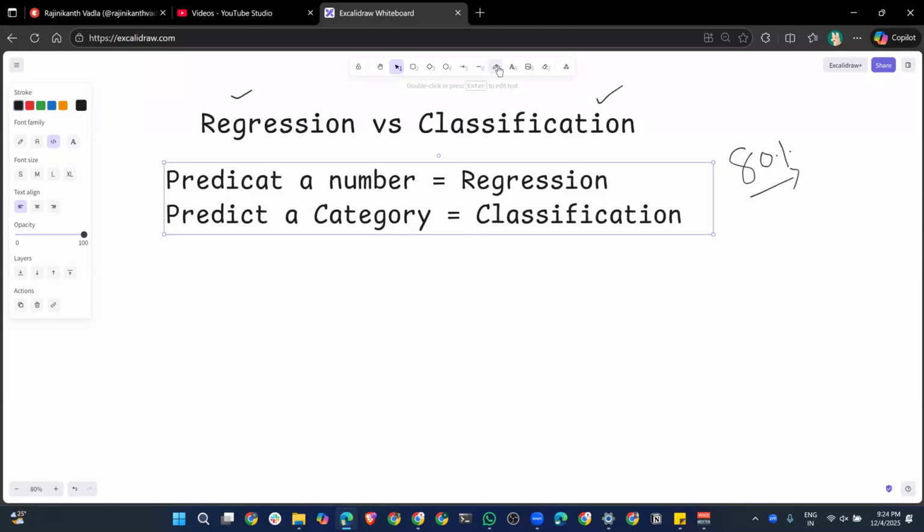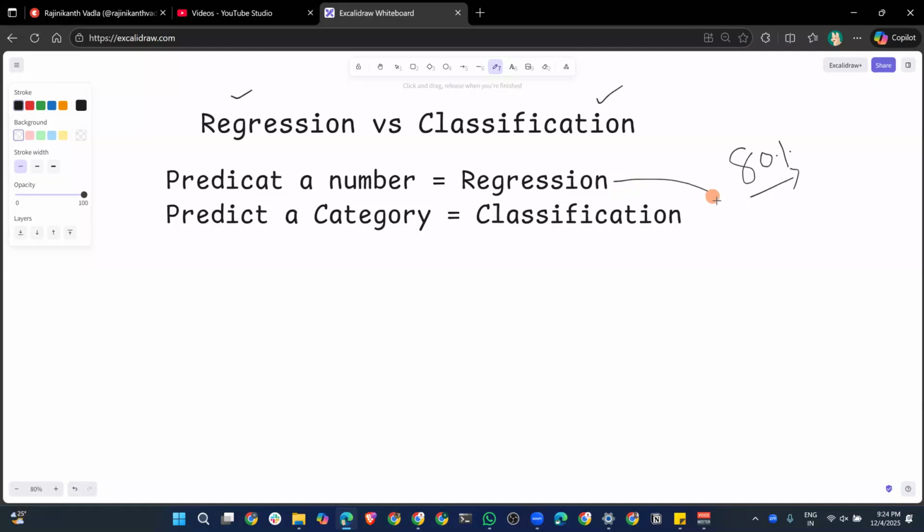When you talk about regression, it deals with a continuous number. You are doing the prediction on numerical values, like 10, 20, 30. Let's say your house prediction.